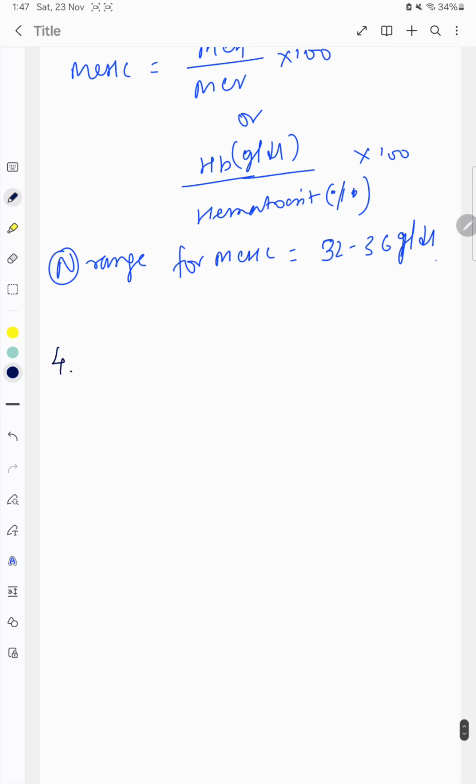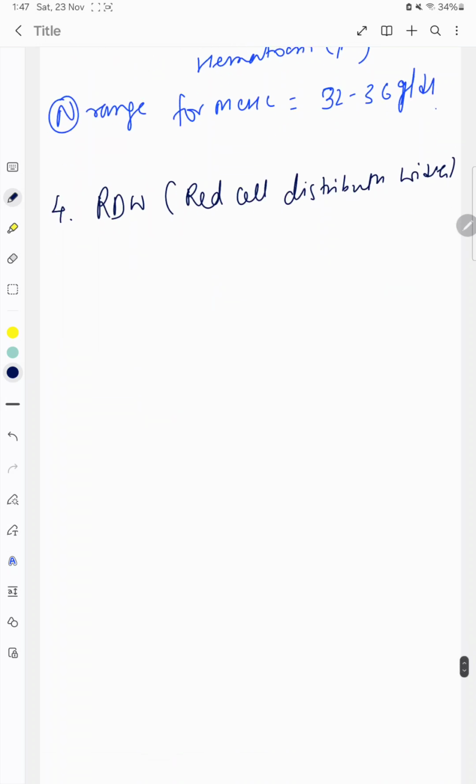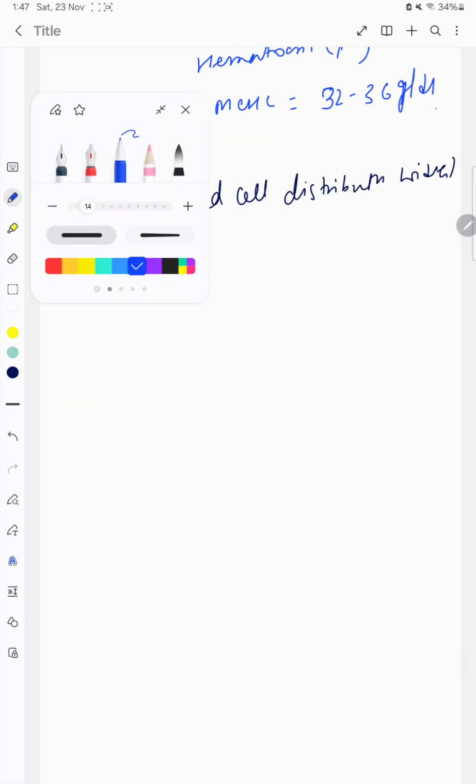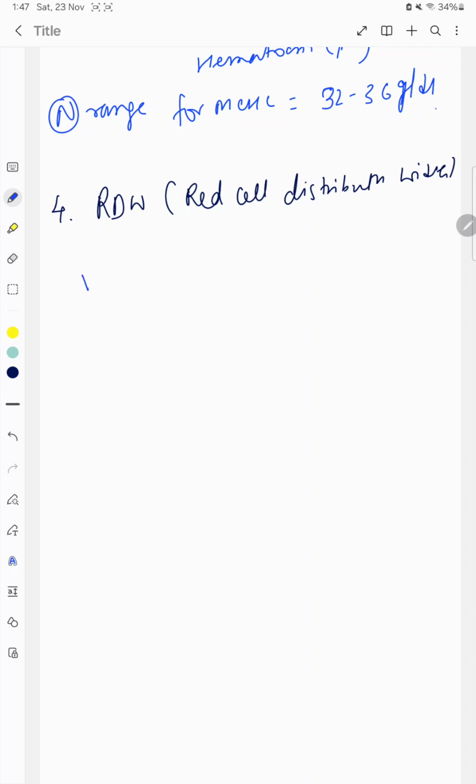The other RBC index is RDW, red cell distribution width. It basically indicates variation in RBC cell size, and it is measured by an automated cell counter.